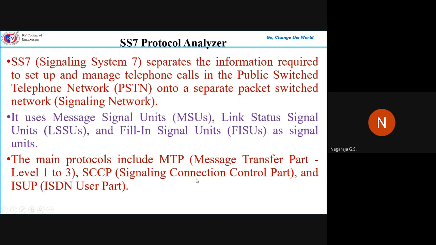And we have SCCP, the signaling connection control part, and we have ISUP, the ISDN user part. I think I already shared these protocols when I was explaining the SS7 protocol stack. But again, you need to remember these protocols relating to SS7.